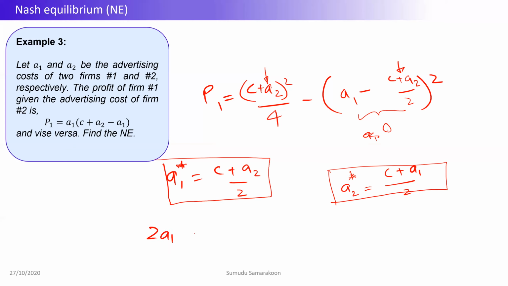We have 2A1 minus A2 equal to C from here, and from here we have minus A1 plus 2A2 equal to C, right? If you multiply this by 2 and add them, then we have 3A2 equal to 3C, and we ended up with this, right? I think this is going to be the same for A1 as well.